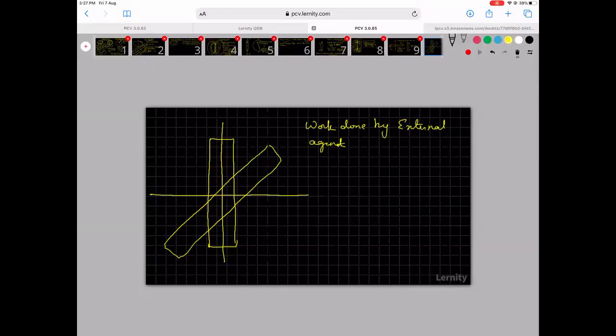This work done by the external agent dW will become equal to T d theta, that is torque d theta. So that is equal to MB sine theta d theta.